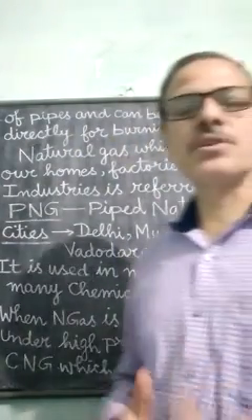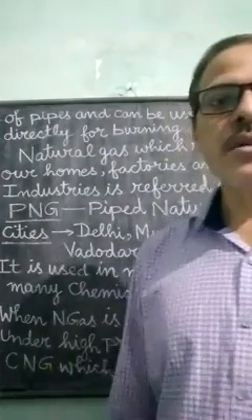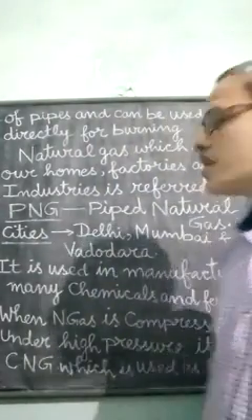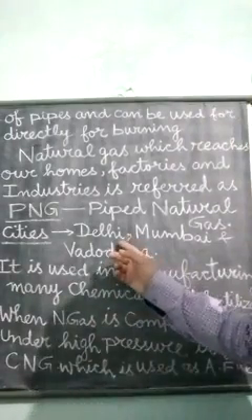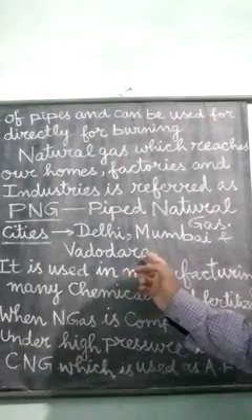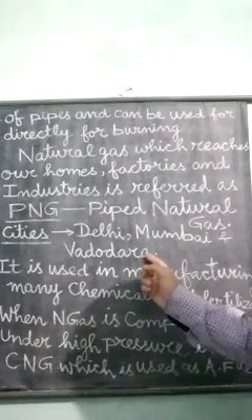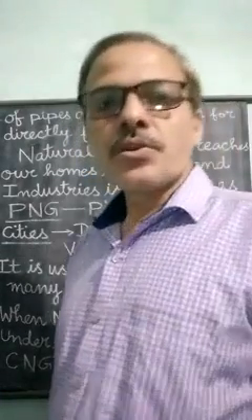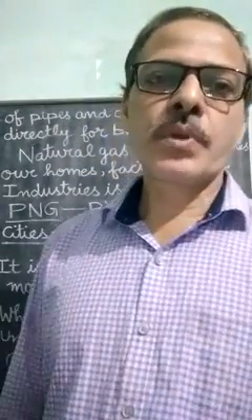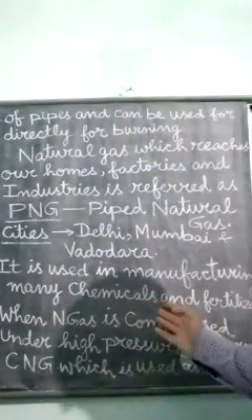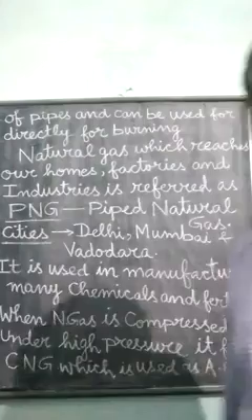And the major cities in which the supply of this natural gas is being done at present are Delhi, the capital of our country, then Mumbai, and one place in Gujarat, that is Vadodara. This natural gas is used in the manufacture of many products, different types of chemicals and fertilizers also.